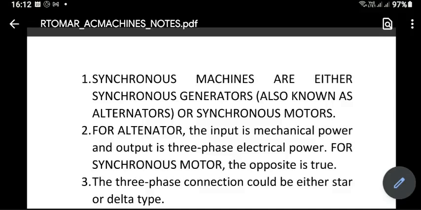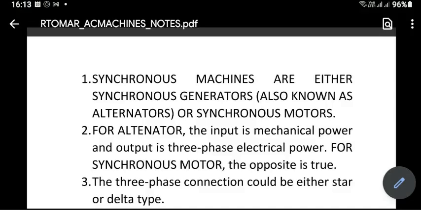Synchronous machines are either synchronous generators, which are also known as alternators, or synchronous motors. These are invariably three-phase machines. Alternator means three-phase synchronous generator.